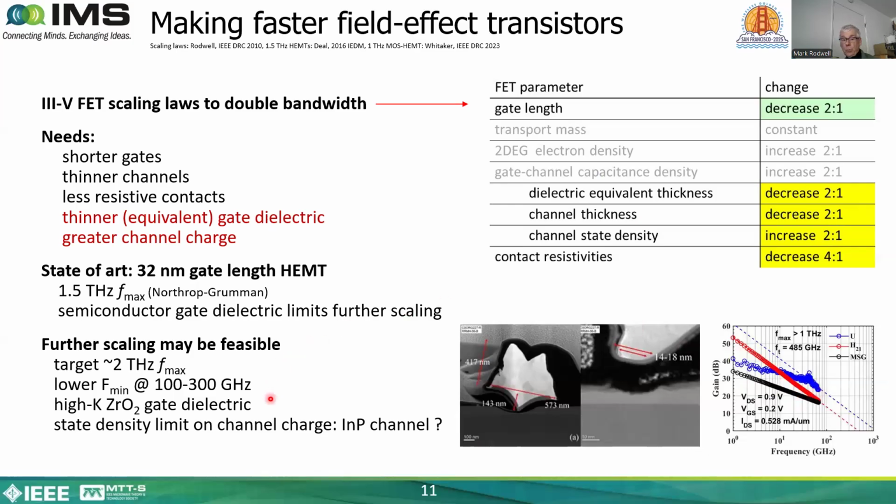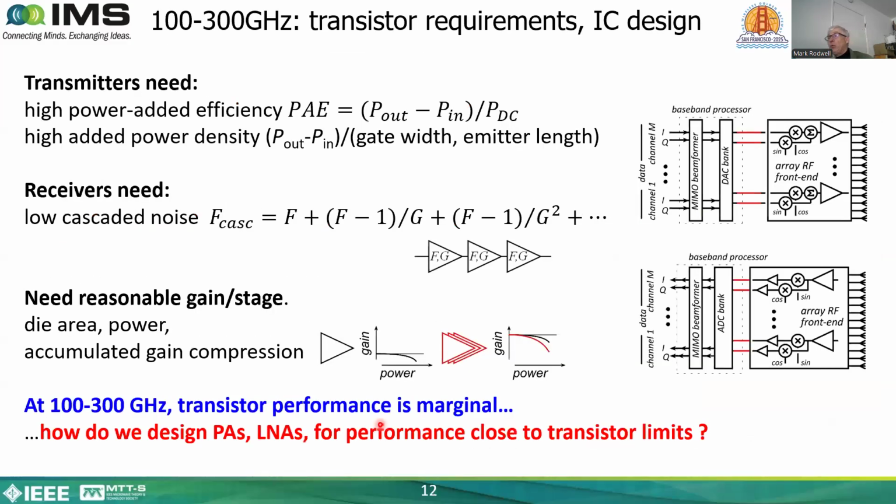I caution you that the path to further bandwidth improvements in the InGaAs field effect transistors is somewhat unclear because this is a necessary but not a sufficient improvement. We also need to address the issue of state density in the channel, and this might possibly, but not for certain, be addressed by replacing the indium gallium arsenide channel with a channel that has somewhat larger carrier effective mass, like indium phosphide.